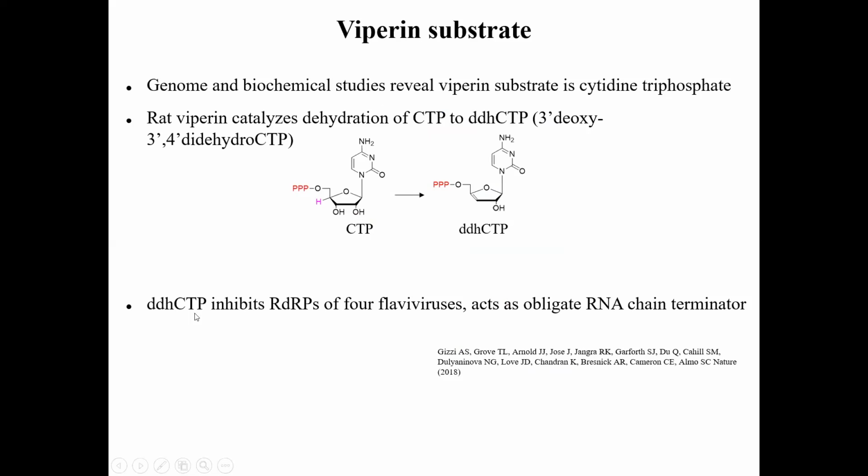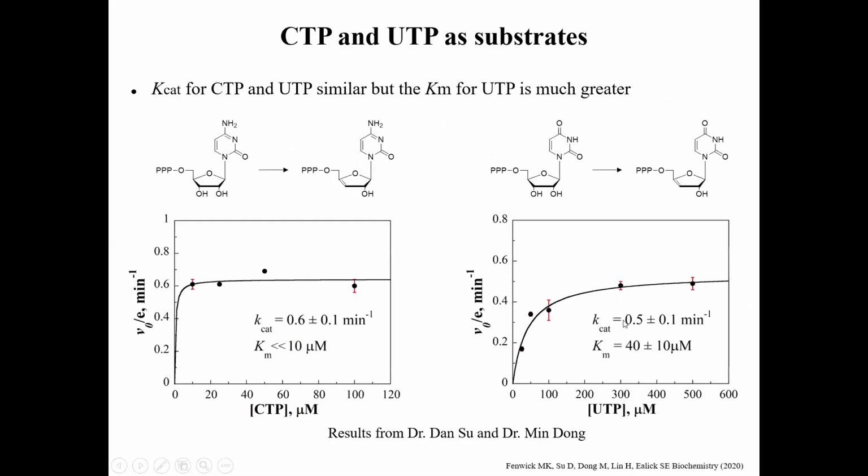They also showed that this product, ddhCTP, inhibits the RNA-dependent RNA polymerases of 4 flaviviruses by acting as an RNA chain terminator.